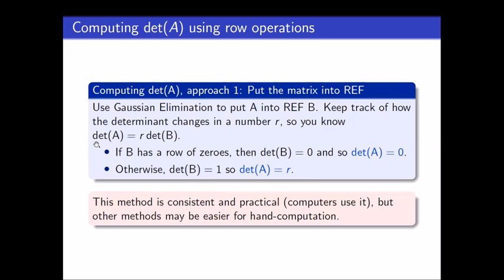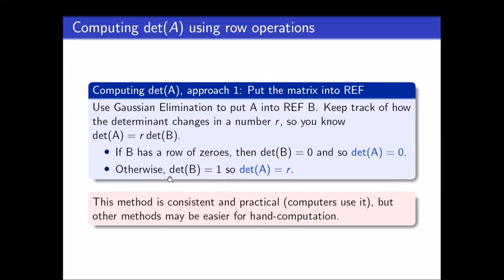And let's say that by the end of our computation, the determinant of A and the determinant of B, where A is our original matrix and B is the equivalent row echelon form matrix, differ by a factor of R. Then if our row echelon form has a row of zeros, then the determinant is going to be zero, and therefore the determinant of A is also going to be zero.